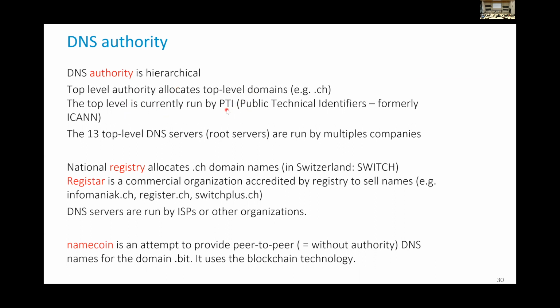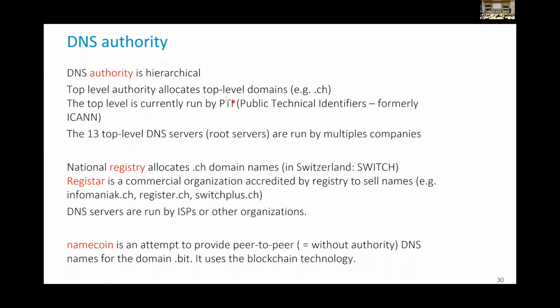Right now, there is a company called PTI, Public Technical Identifiers, formerly ICANN, that runs the top-level domain. So if you want to buy Nestle, you have to ask them, and if a country splits into two, like South Sudan becoming an independent country, it needs to find a country code. This entity will manage all of this, and will also delegate to a number of private companies the running of the 13 top-level DNS servers.